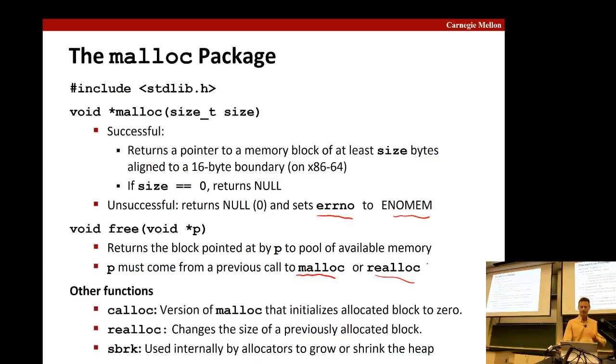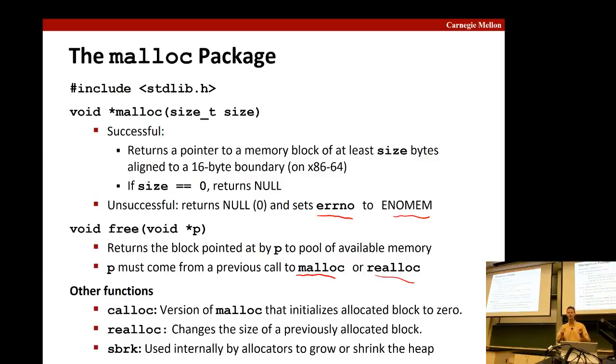Realloc is maybe something you haven't used very much, if at all. That's if you've malloced a region and now you decide you want a larger region, or maybe a smaller region, and so you call realloc with the same pointer as before. One that you may be familiar with is calloc, which is like malloc, except it initializes the allocated blocks to all zeros.